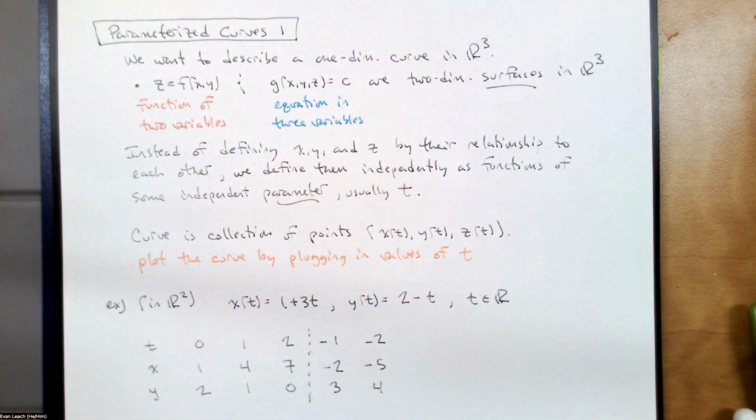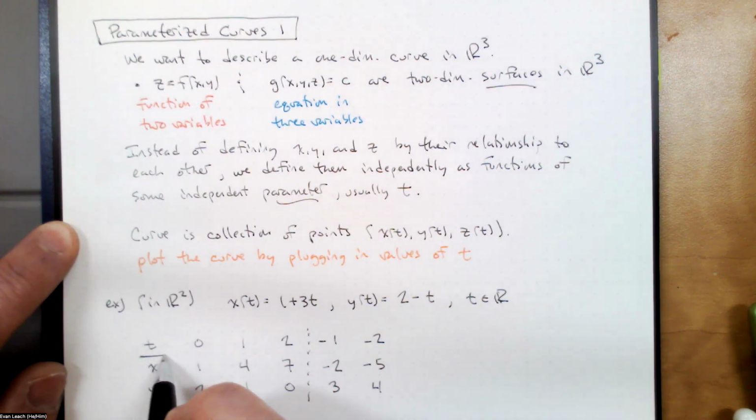We're choosing values of t and figuring out x and y independently of each other. That's how this table operates.